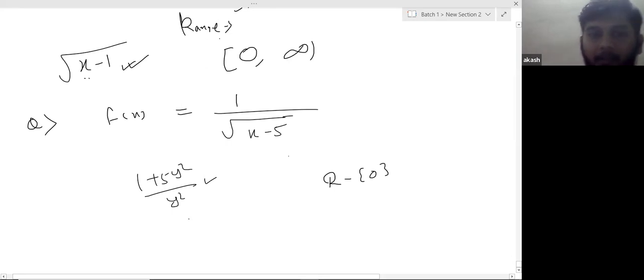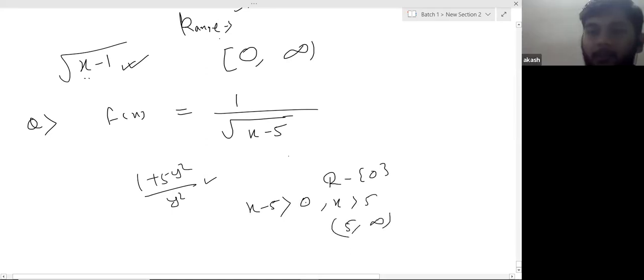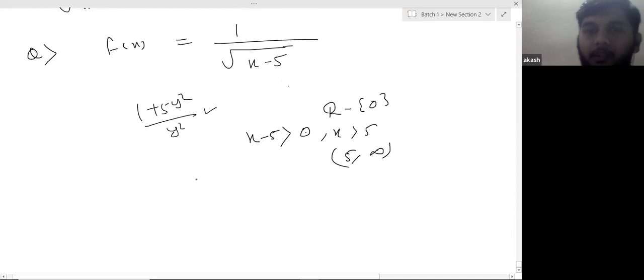Okay, so let's discuss. Let me solve this once. The domain is clear, because x minus 5 should be greater than 0, not equal to, only greater than 0. So x should be greater than 5. So 5 to infinite, open brackets on both sides. This is the domain.